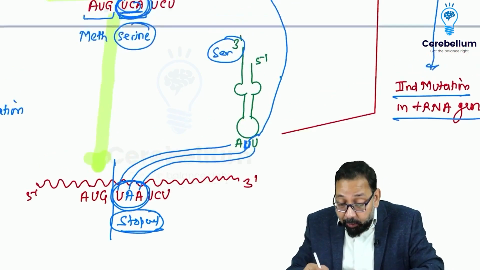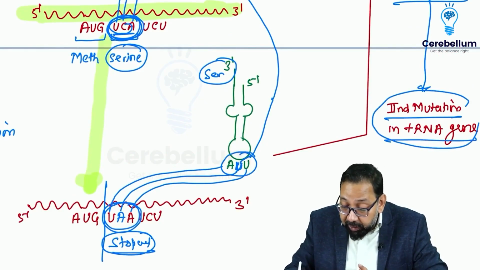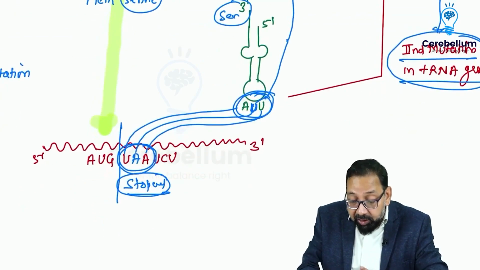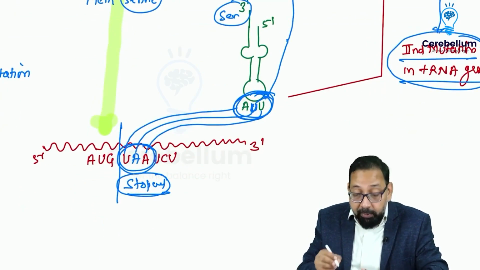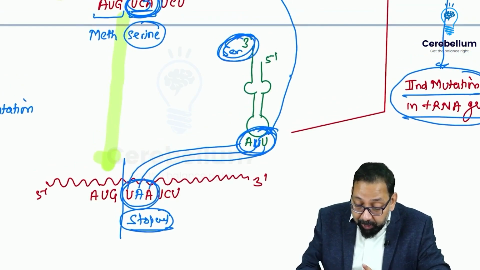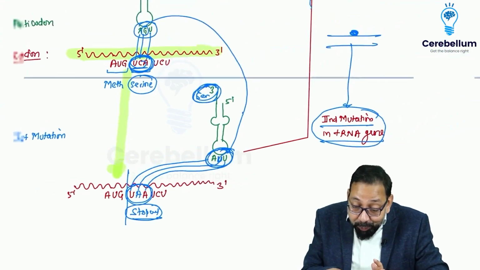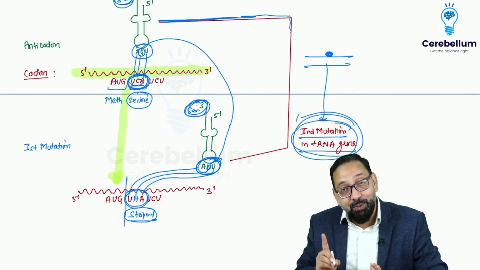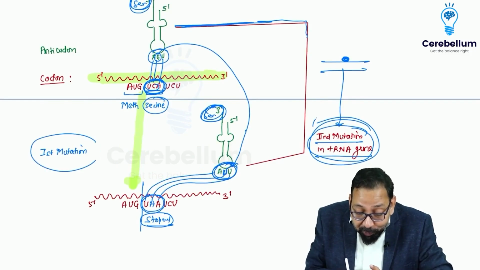This anticodon, changed by the second mutation in the transfer RNA, will recognize this stop codon and serine will join at this stop codon. So by a second mutation in transfer RNA, we reverted the effect of the first mutation.